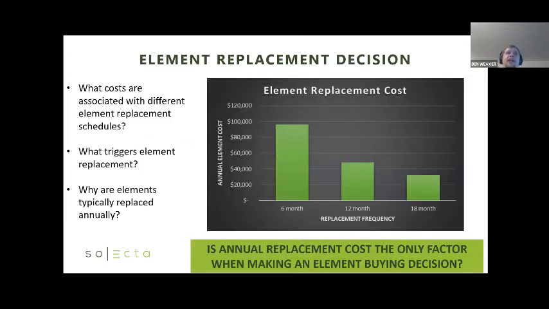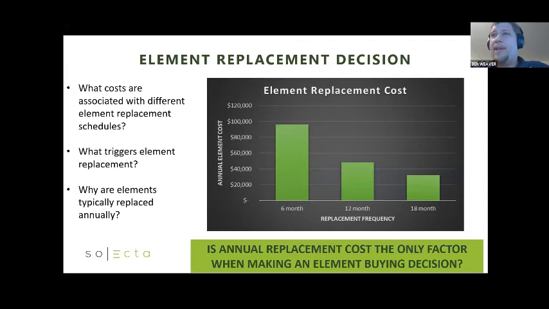So when we're talking about that, one of the common things is element replacement, and when we're focused on UF, we've got to ask ourselves, what are the costs associated with different element replacement schedules? And the common thought is, hey, if we extend the life of the elements as long as possible, that's going to be our best economic decision.